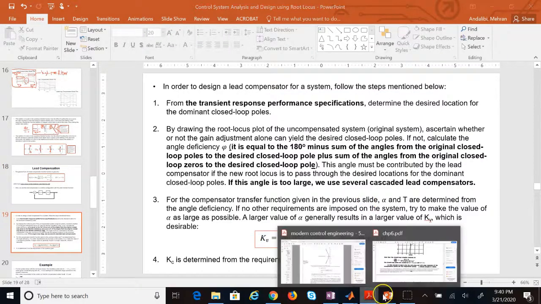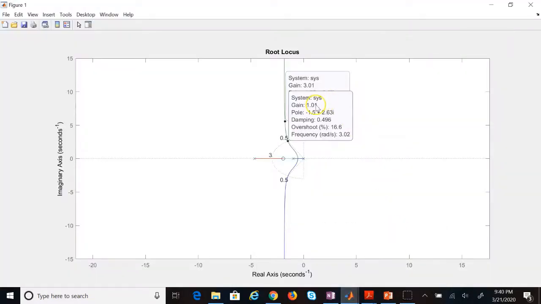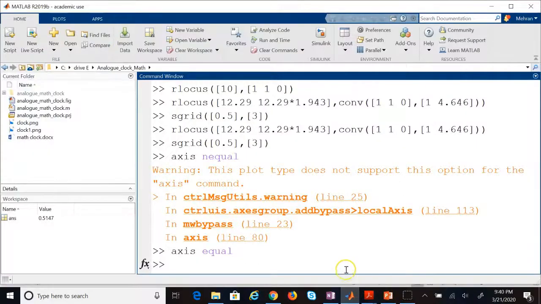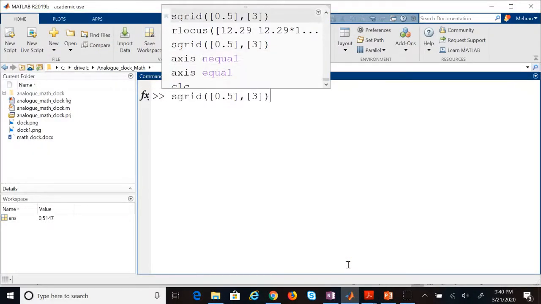So you see it is happening, and the magnitude of the gain of the system is 1, of course, because I already considered the gain in Kc. So everything looks perfectly fine. Okay, and now if we compare the responses of these two systems against step function.